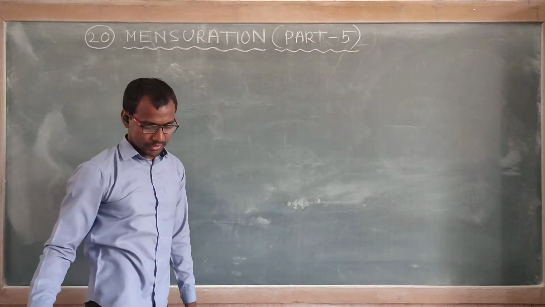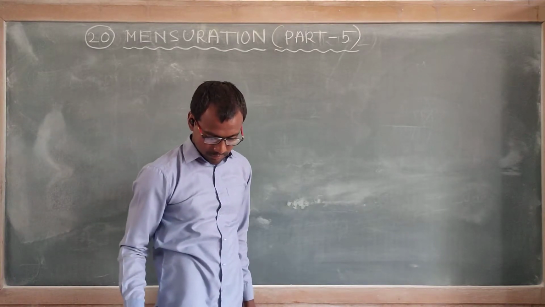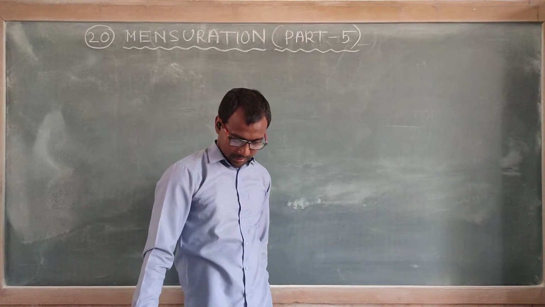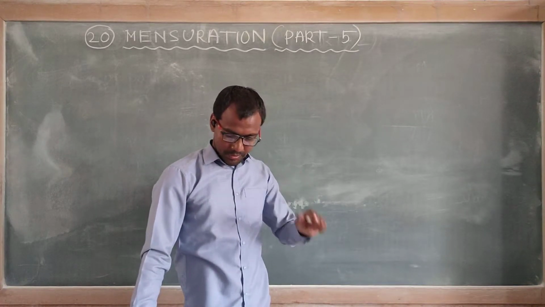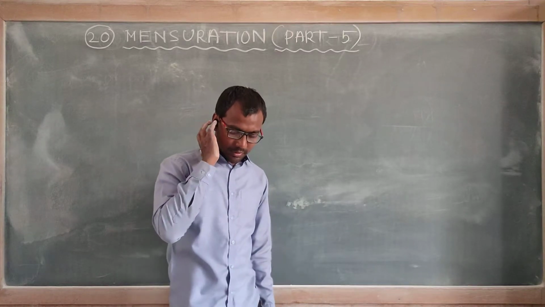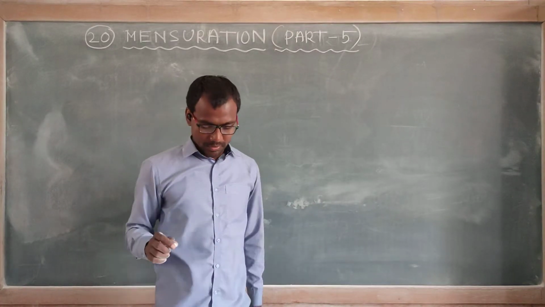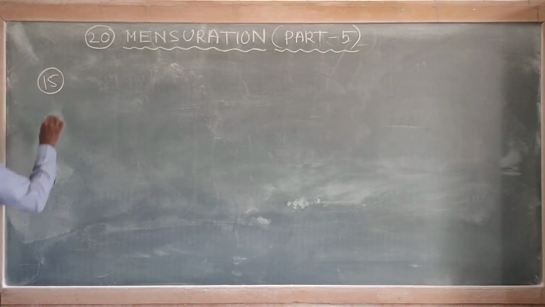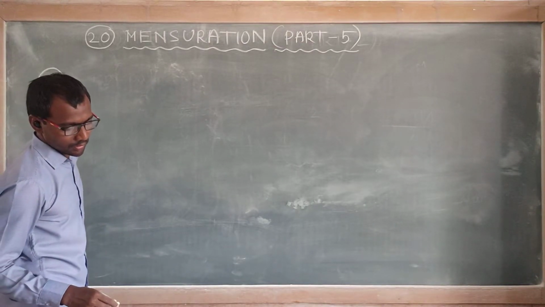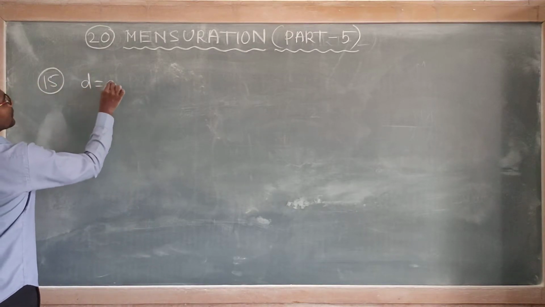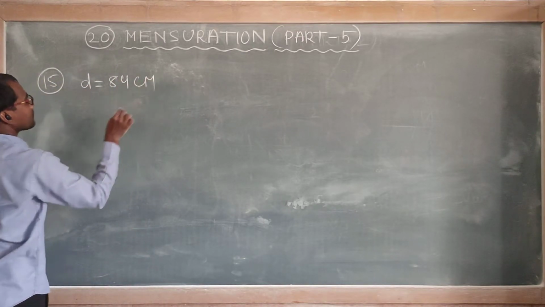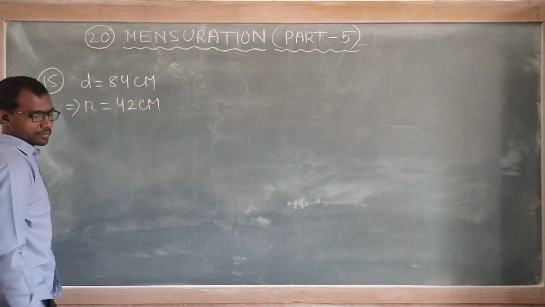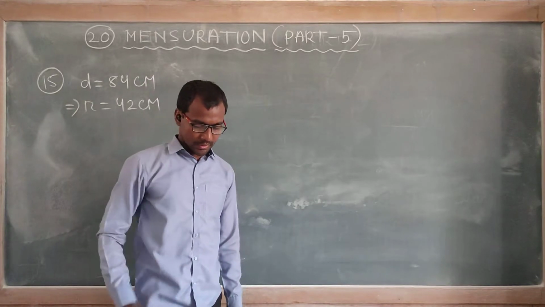Now move to question number 15. Wheel problem. A wheel has diameter 84 cm. D is equal to 84 cm, so r is equal to 42 cm.